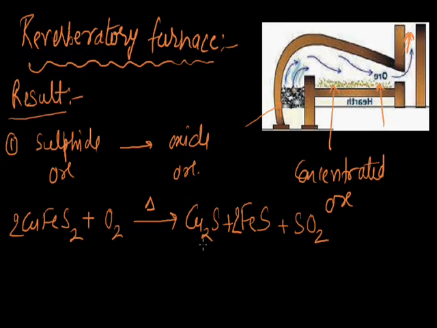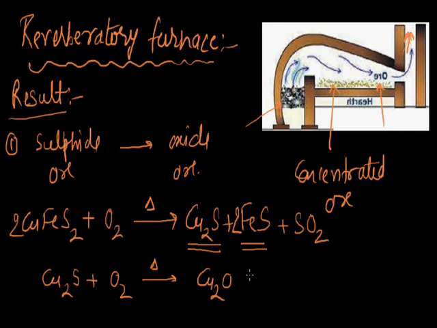Then copper sulfide or cuprous sulfide reacts with oxygen further and gets converted into copper oxide plus SO2, and SO2 will be removed, and we can balance it by writing 2 here and 3 here and 2 here.